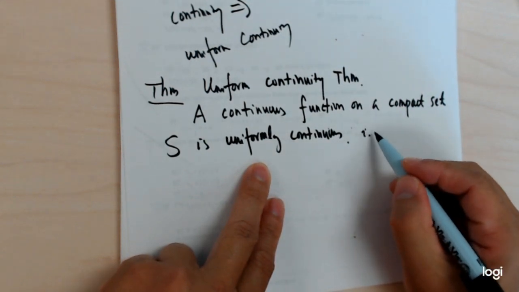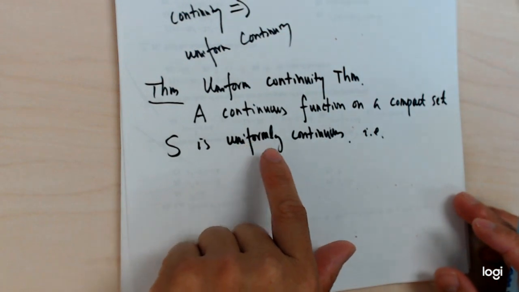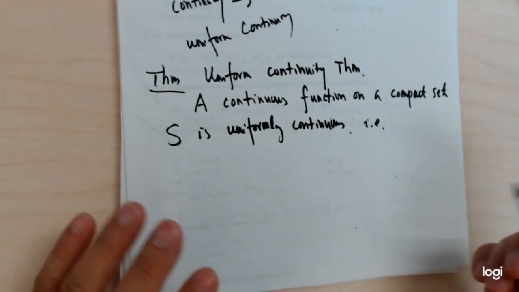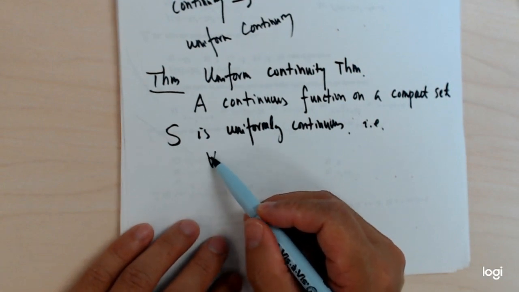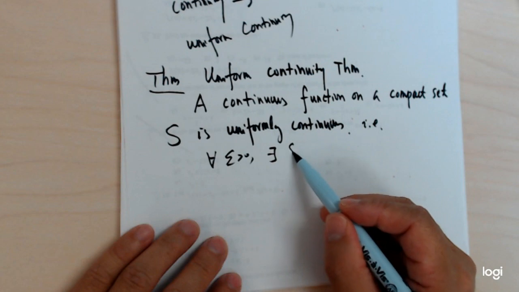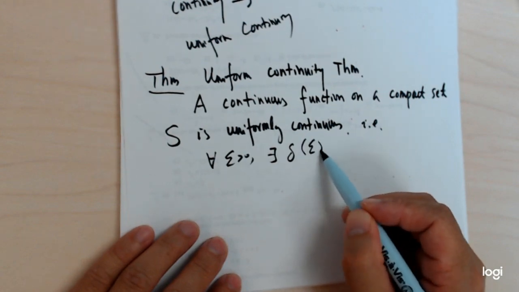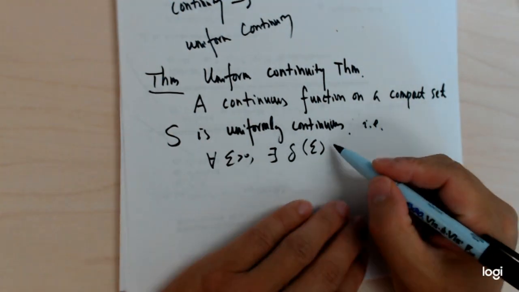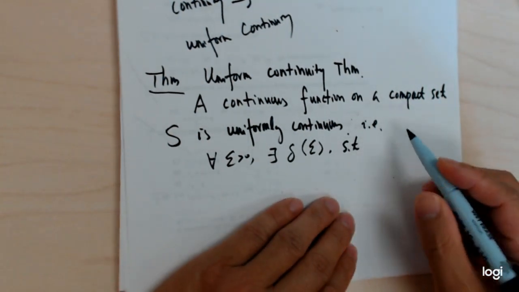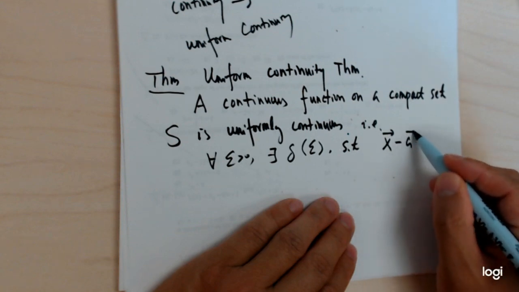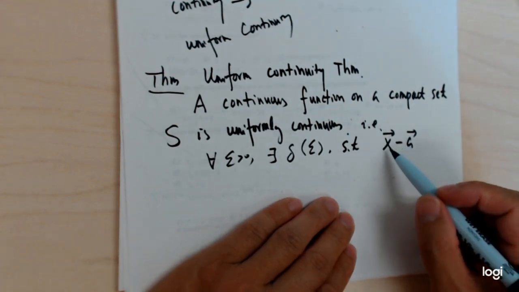And we can write down the equivalent definition for uniform continuity. It looks pretty similar. Given any epsilon, there is a delta that depends only on the epsilon, instead of on where you are talking about continuity, such that whenever the distance between x and a is less than delta, this implies the absolute value of f of x minus f of a is less than epsilon. In one dimension the distance is simply the absolute value of x minus a.